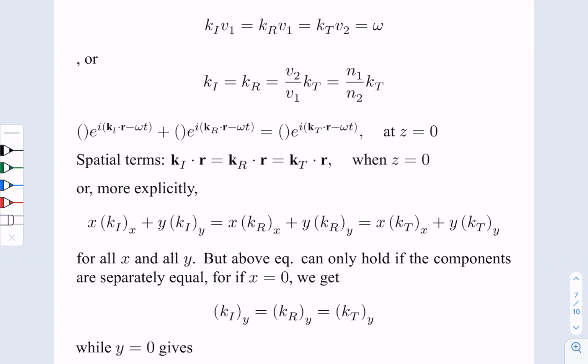But what I claim here is that if you simply look at this expression here, it already tells you a lot of things, which is general to many types of wave propagation.